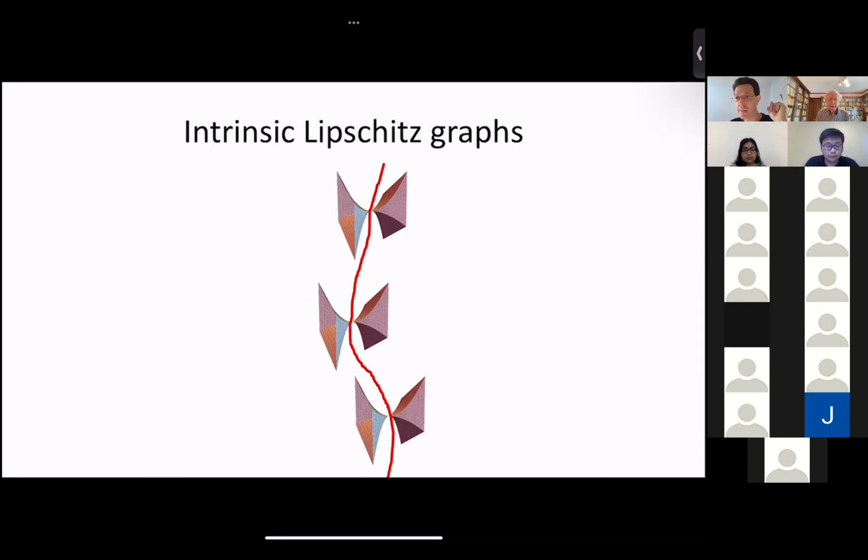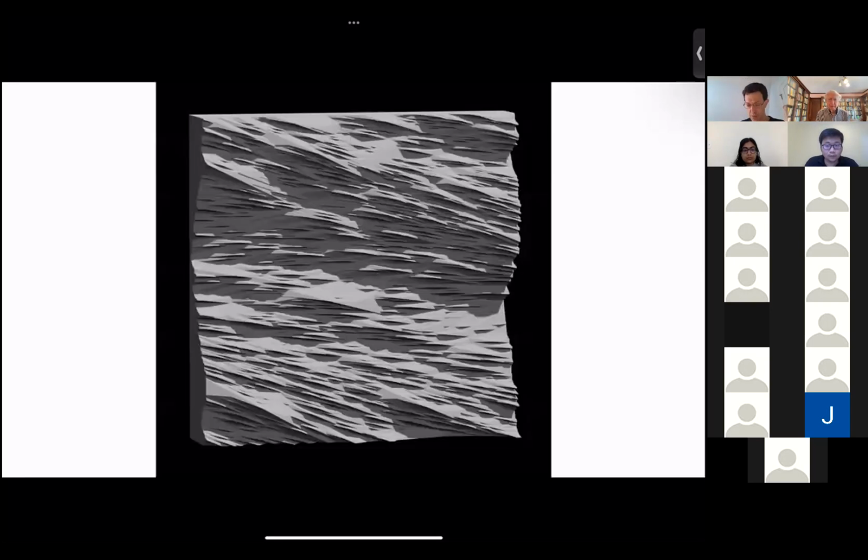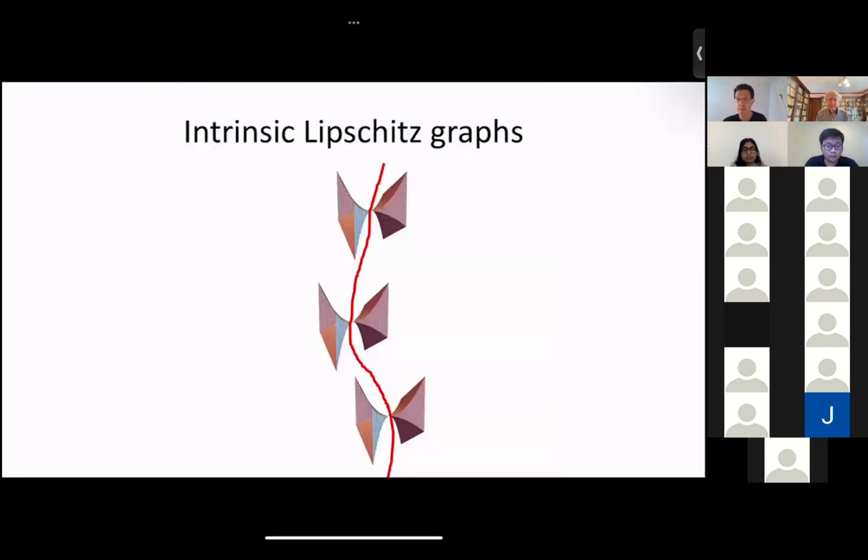You use this picture to motivate the proof. Using the double cone, intrinsic Lipschitz graphs become monsters. They become fractal objects that can have Hausdorff dimension bigger than, well, this is a two-dimensional plane.